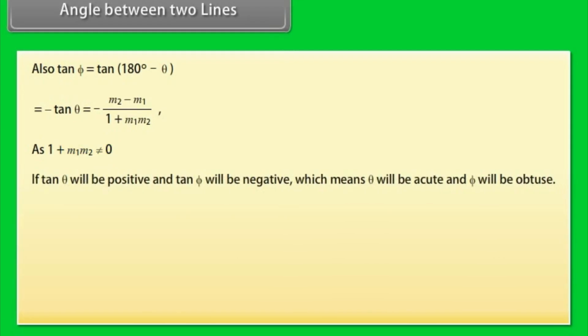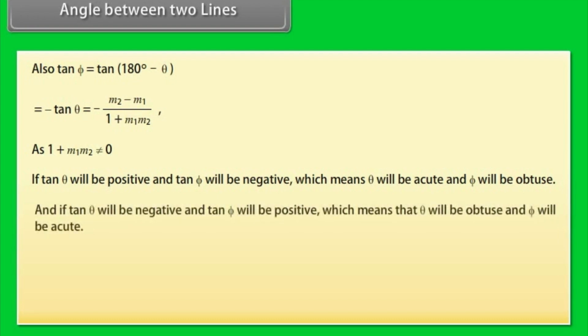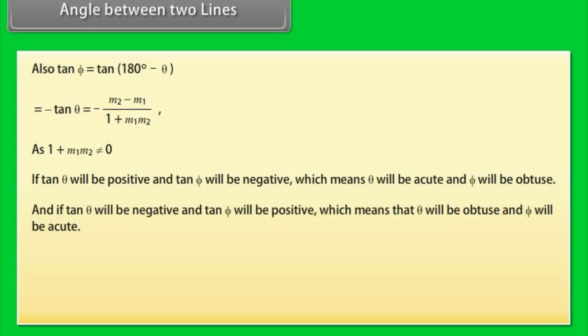If tan theta is positive and tan phi is negative, it means theta is acute and phi is obtuse. And if tan theta is negative and tan phi is positive, it means that theta is obtuse and phi is acute.